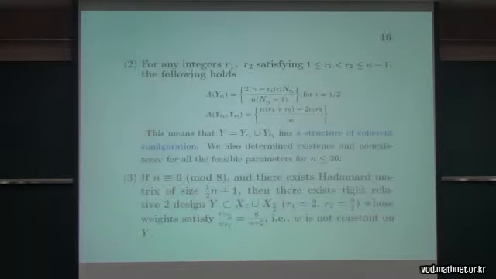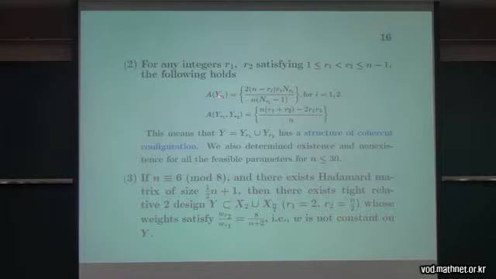And for any integers r1 and r2 between here, the set of this is the relation between 2 points in Y_ri. I didn't define this, but this set is the relation between the 2 points.